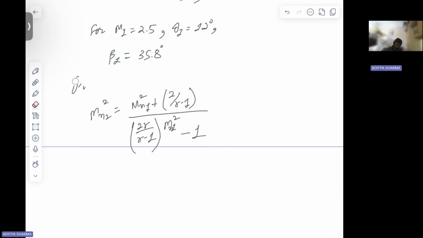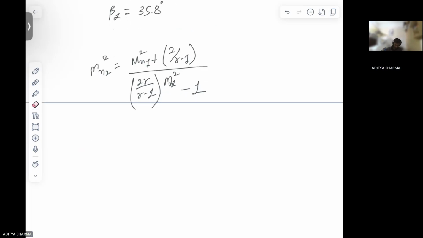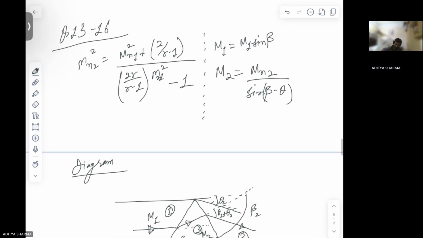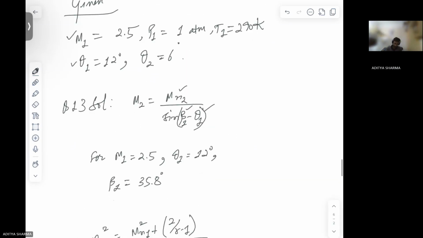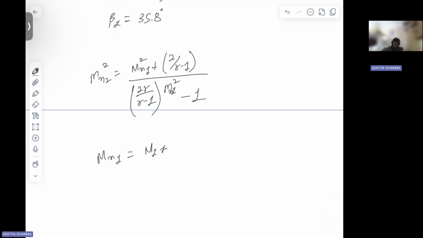Mn1 is M1 sine beta. M1 sine beta is equal to 2.5 sine of 35.8 degrees.